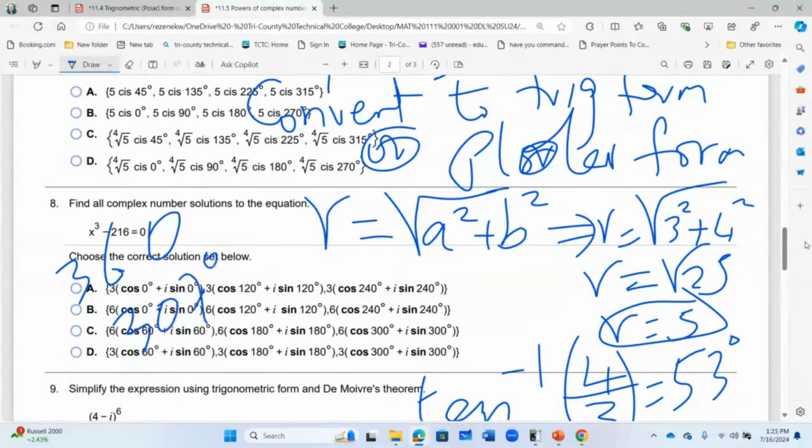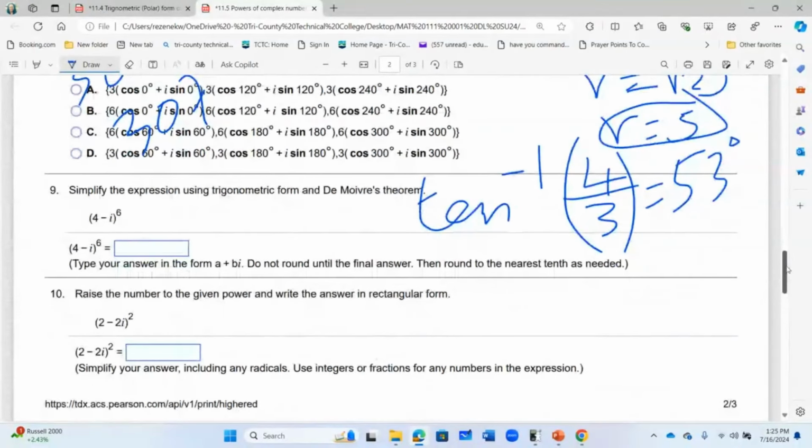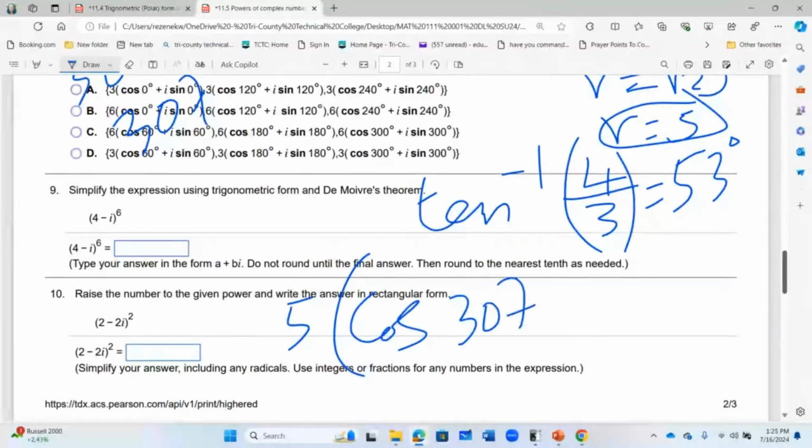Okay, so quickly I am going to write this in. 5 is R. I can put parentheses, cosine of 307. Cosine is positive in the fourth quadrant. Then I'm going to put negative here. Why? Because sine is negative in the fourth quadrant. So negative sine of 307.